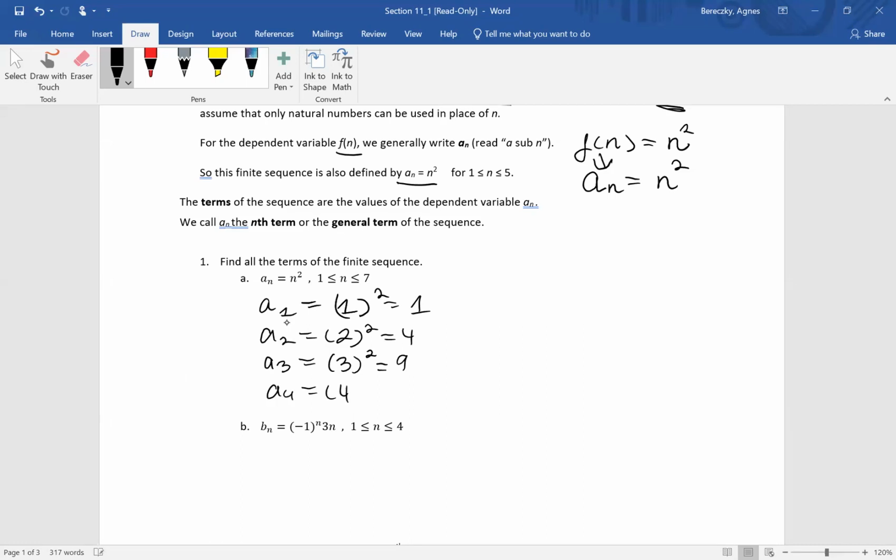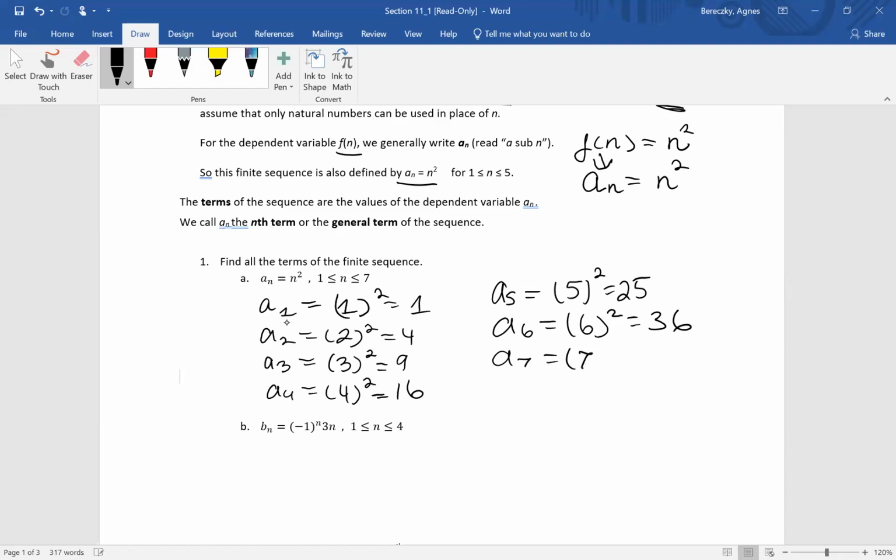A4: 4 squared is 16. A5: 5 squared is 25. A6: plugging in 6 for n, 6 squared is 36. And the last term, A7, is 7 squared, which is 49.